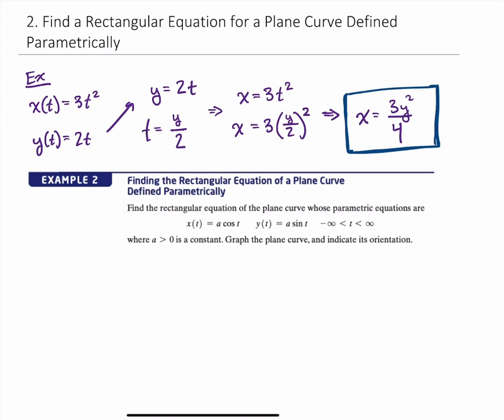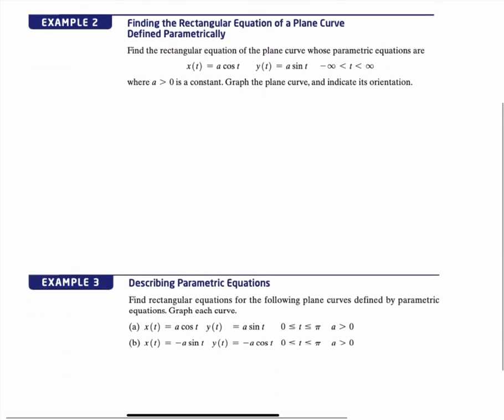So let's see in example 2, we'll see one that is defined by some trigonometric equations. So they ask us to find the rectangular equation of the plane curve whose parametric equations are x of t is equal to a times the cosine of t, and y of t is equal to a times the sine of t.